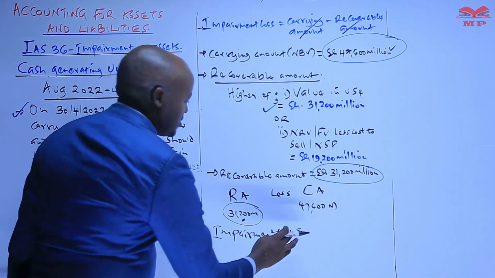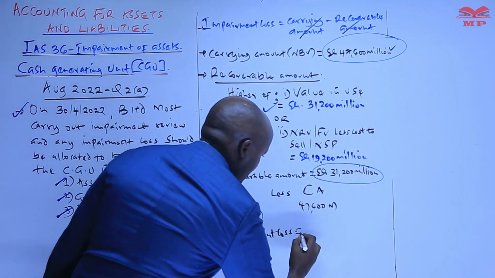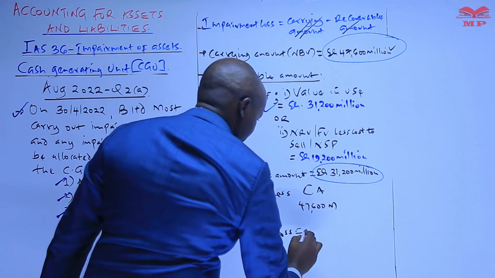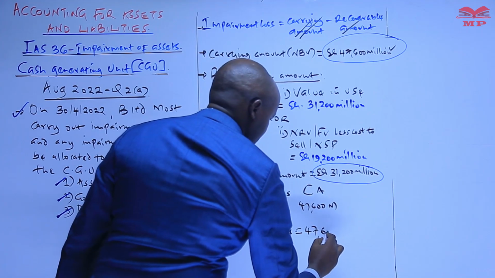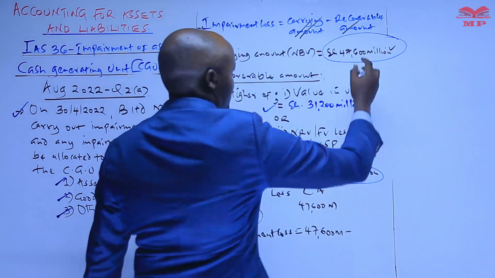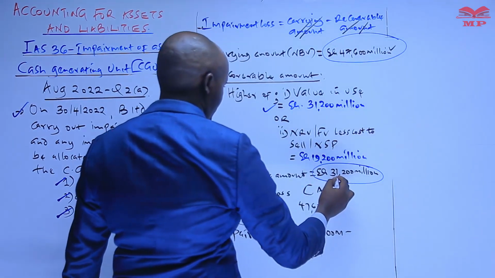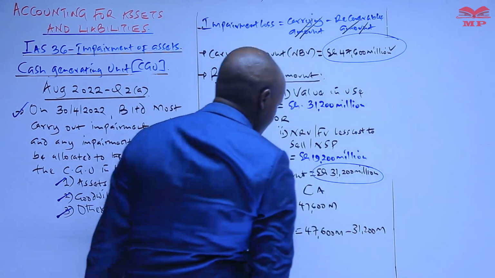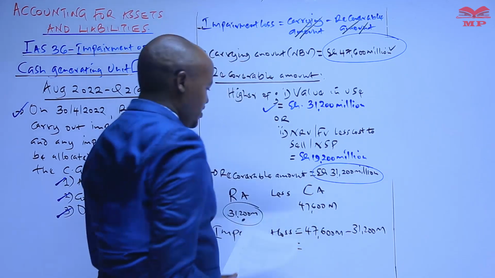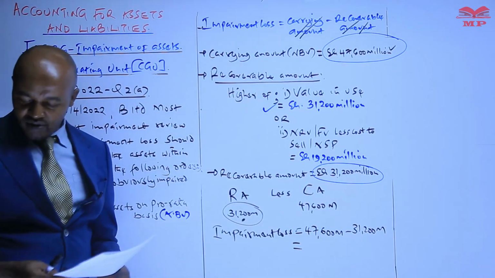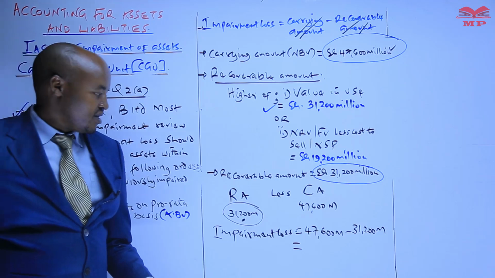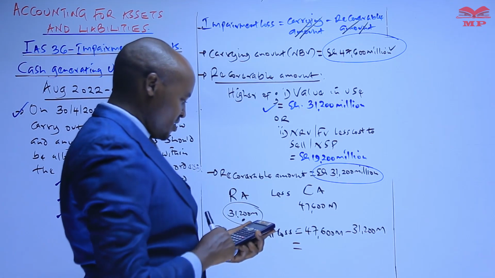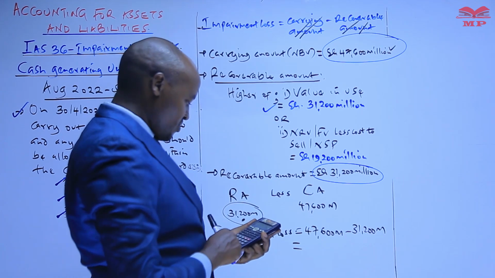The impairment loss, we use our formula up here. We take the carrying amount, which is 47,600 million, minus the recoverable amount, which we already have here, 31,200 million. So we get the difference, which will be the impairment loss. So we have 47,600 minus 31,200.